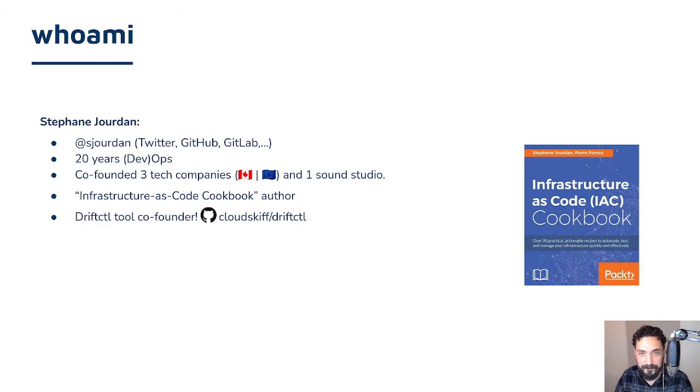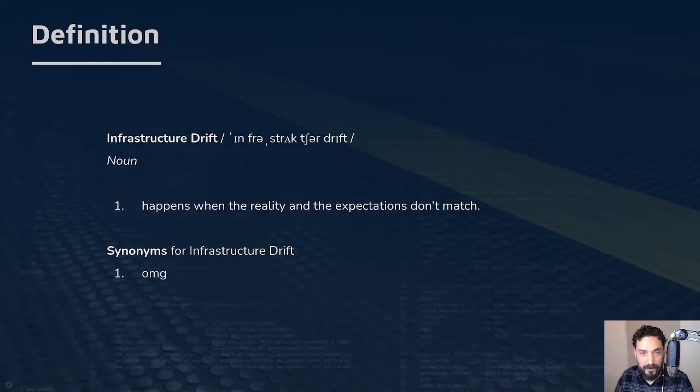So after talking to hundreds of people, we had to come up with a common definition of what infrastructure drift is. And basically, it's what happens when reality and expectations don't match. It's also known as, oh my God, when things go wrong when they should not.